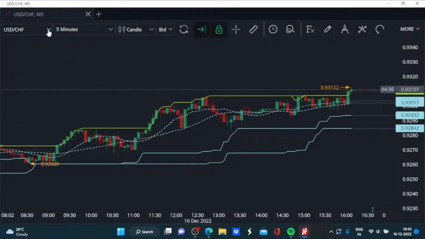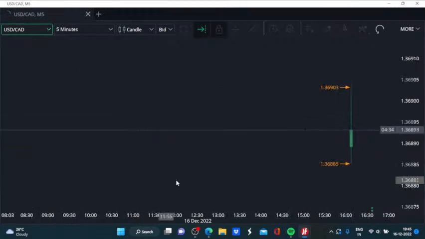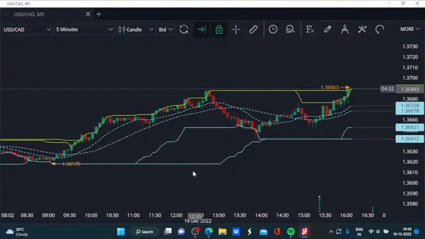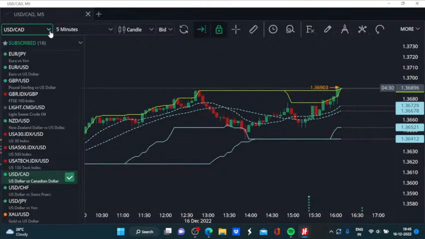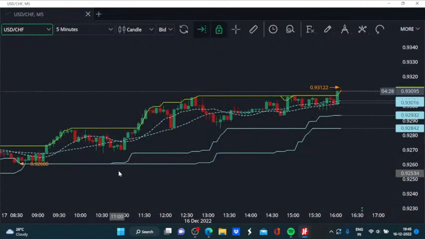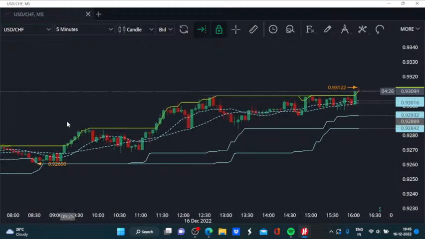And here, in line with what we saw for the CAD as well, the USD CHF is also in upward momentum at the moment.